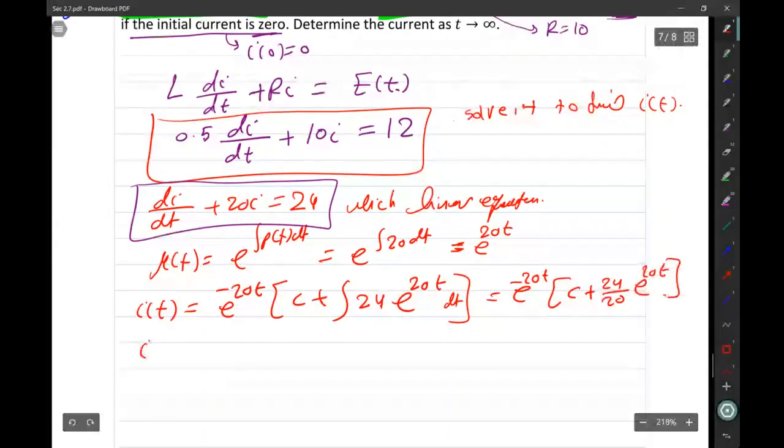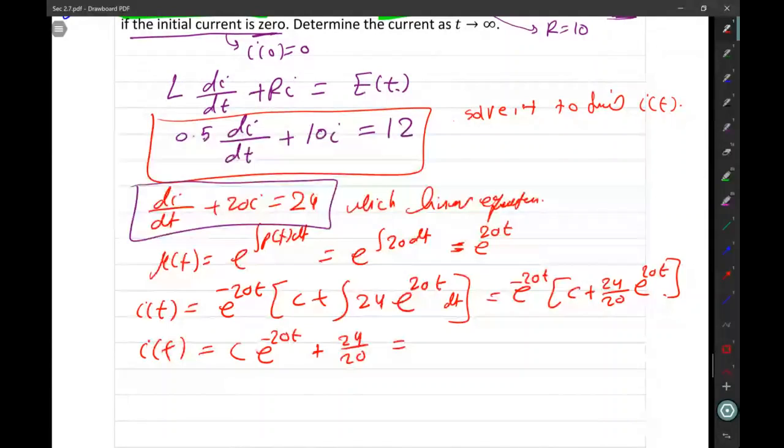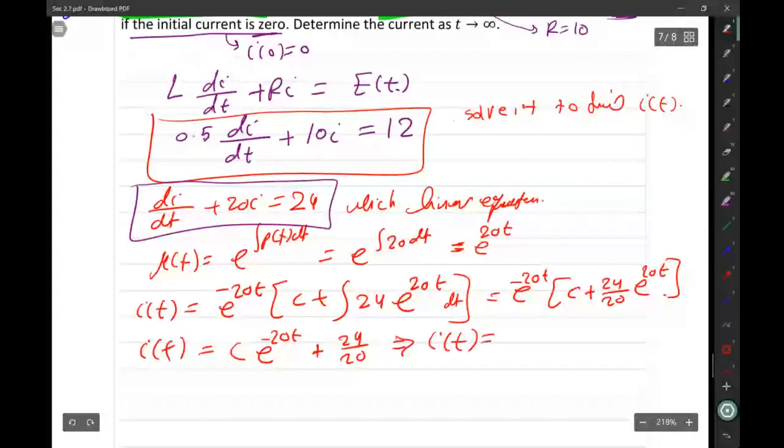So the current I of t equals c times e to the power minus 20t plus 24 by 20. Divide both sides by 4, which implies I of t is equal to 6 by 5 plus c times e to the power minus 20t.